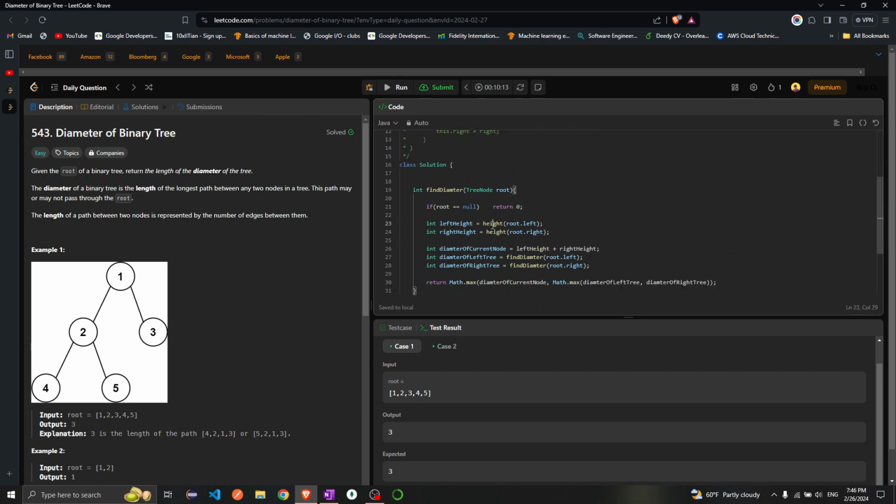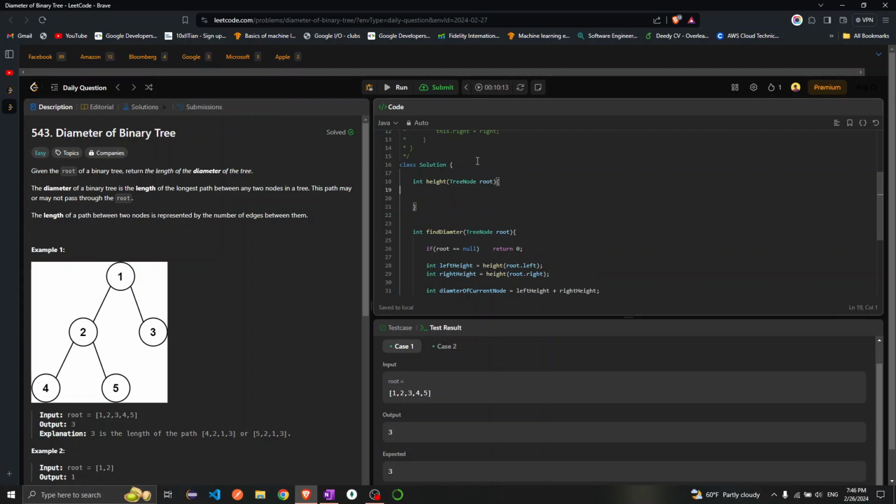So we need to implement this function, right? In order to find the height of tree node of root. When I'm finding height, when root is equal to null, I'll just return 0, right? So for this root, I need to find the height of left subtree.